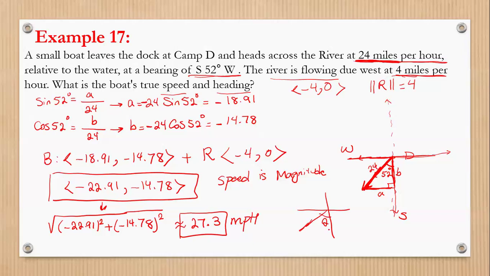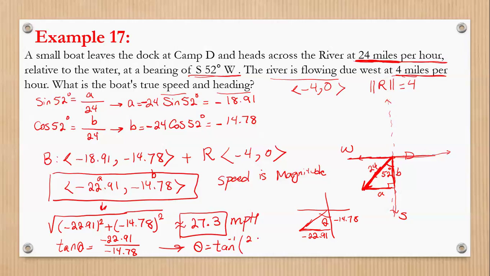By knowing this time that A is negative 22.91, and B is negative 14.78. We just want to find the true angle for the direction. Since we have the opposite and the adjacent of the angle, we can use the tangent. The tangent of that angle is opposite over adjacent. And to find the angle, I just need to use the tangent inverse.